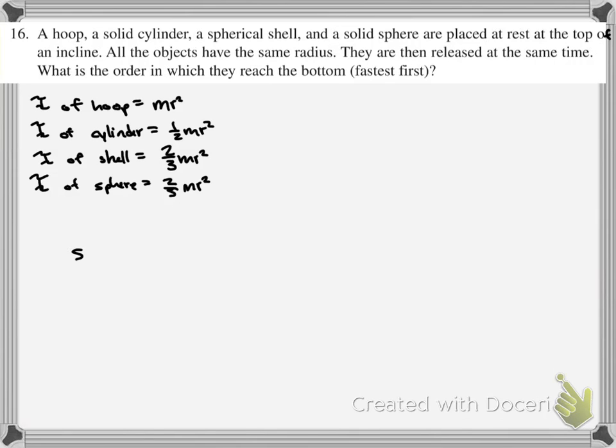So you just have to list these in order from the ones with the least inertia, which are also the ones that get there the fastest. So the one with the least inertia is the sphere, then the cylinder, then the shell, and then the hoop. That's because of the coefficients: the half, the 2/3, and the 2/5.